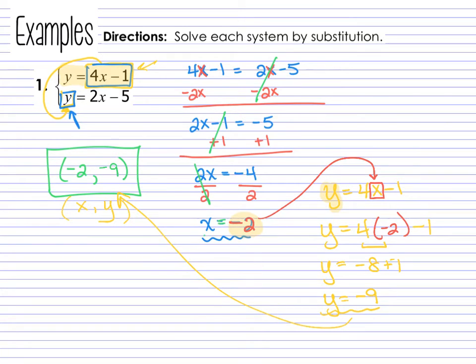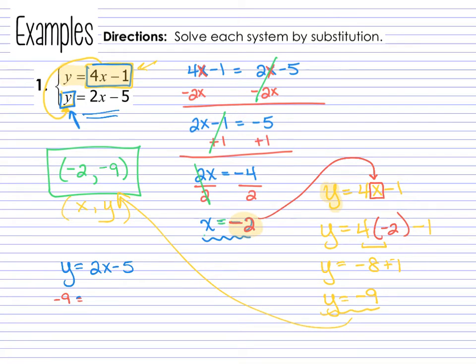A nice part about systems of equations is you can check your work at the end to make sure you're right. So the way we would do that is to take one of the equations. I'm going to take that second one, y equals 2x minus 5, and see if my point -2, -9 works. So I'm going to substitute -9 in for y, and I'm going to put in -2 for x.